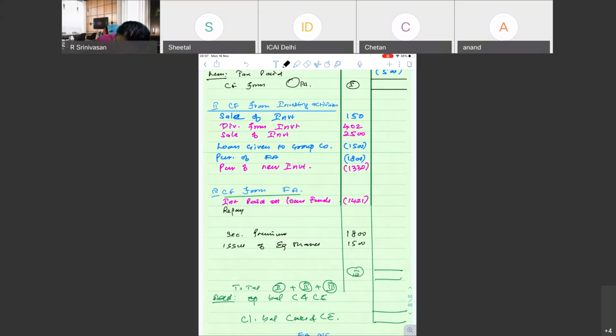Repayment of loans, with the shareholders' funds. Then secured loans are 5,000, 4,800, so 200. Okay.